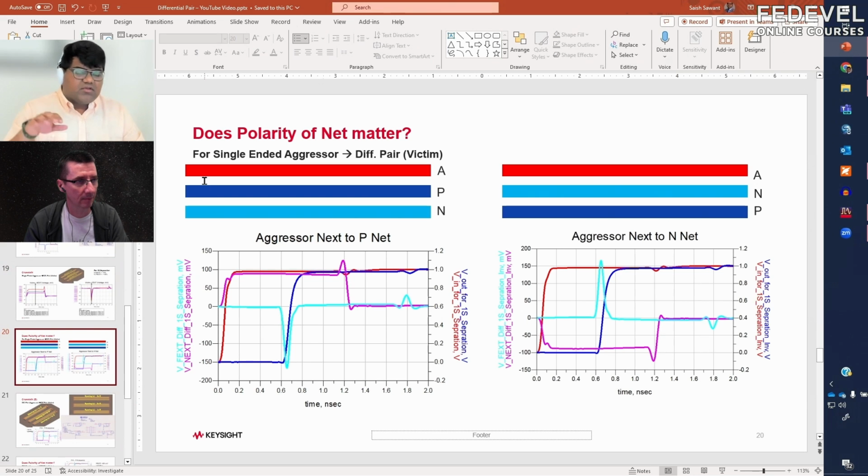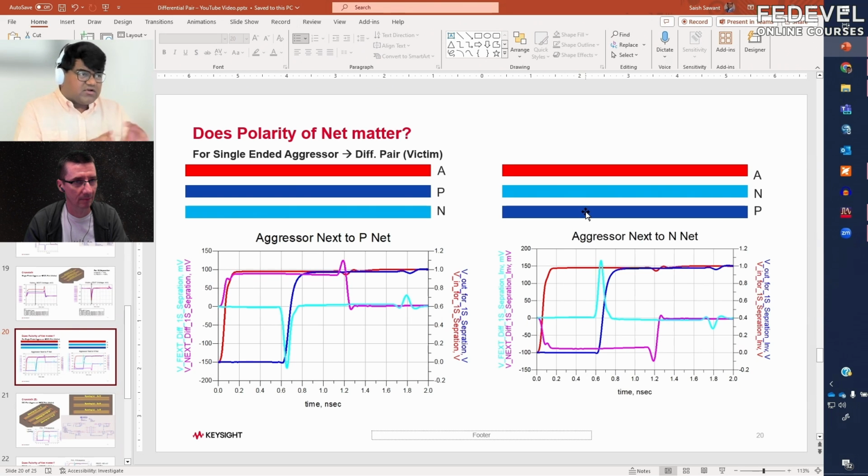So let's say P is held high, that's positive. So it is just like a single-ended net. When there is a signal on an aggressor net and it's getting coupled, you will see the same signature as if there are two single-ended nets and the crosstalk is happening. So we see the same signature as expected.